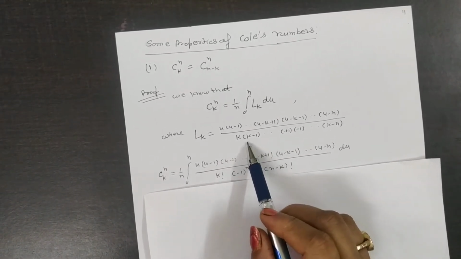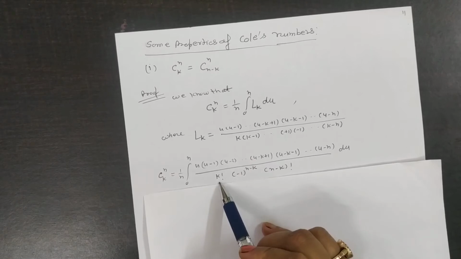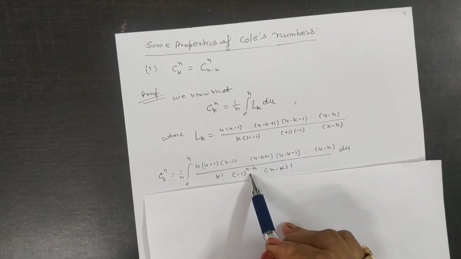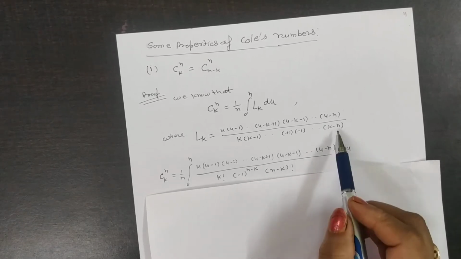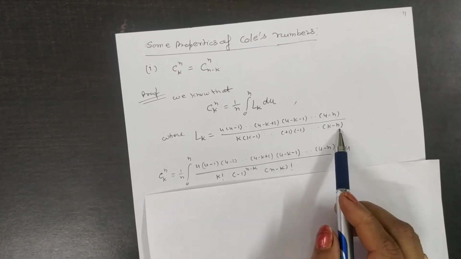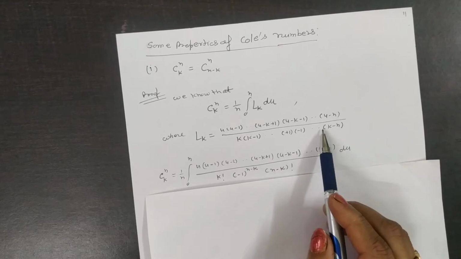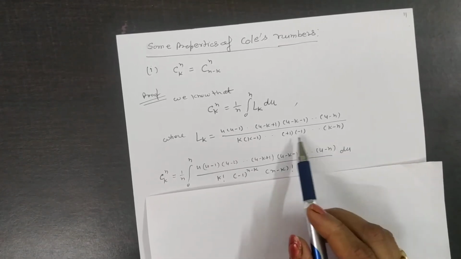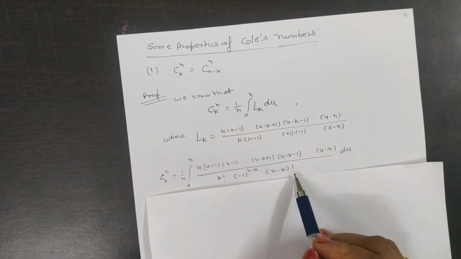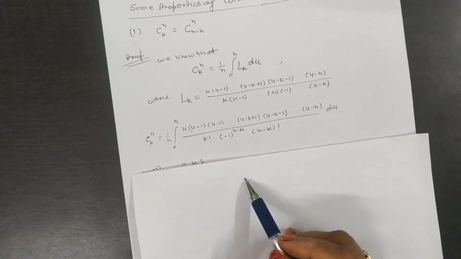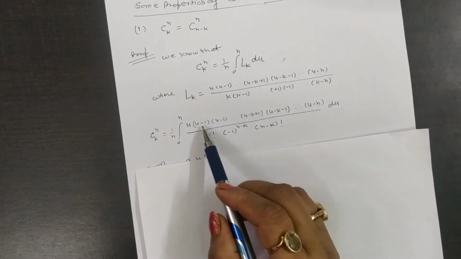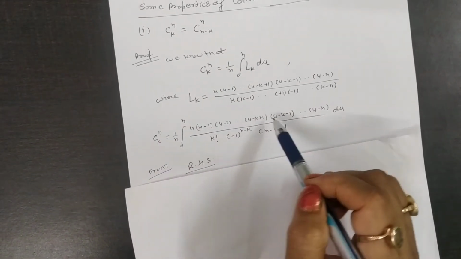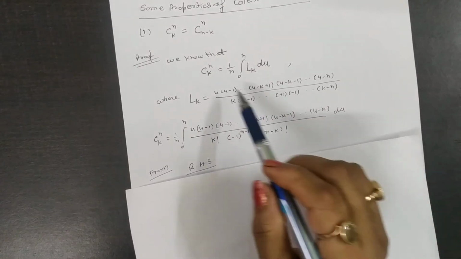Here (k-1) factorial, and so on, with (-1) to the power n-k, and here we take the minus sign common from (k-n). So this is factorial (n-k), this one.